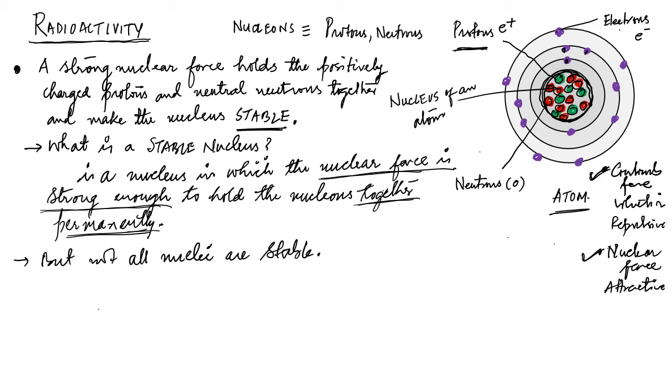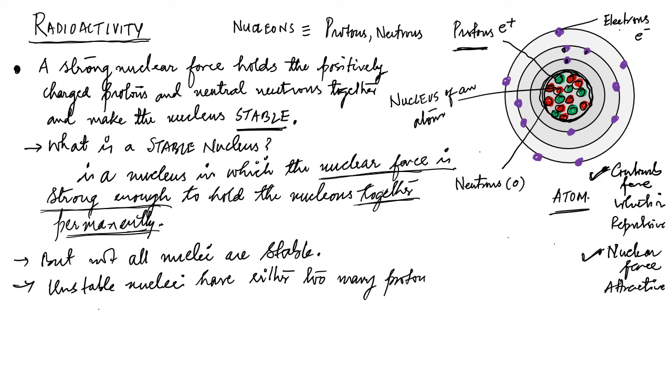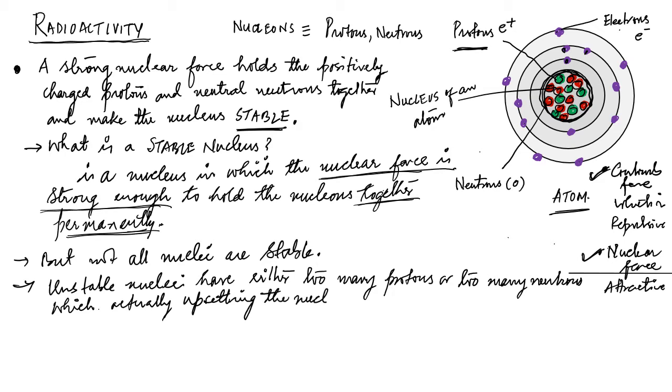So what is an unstable nucleus? Unstable nuclei have either too many protons or too many neutrons, which upsets the strong nuclear force that is holding them together, and that's why they are unstable.